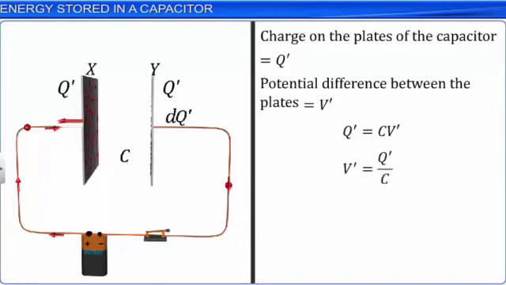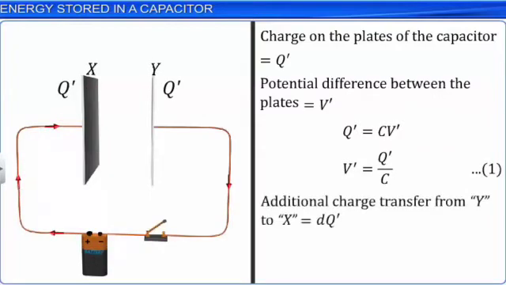Now let us transfer the next additional charge +dQ' to the plate X of the capacitor from the plate Y, and let the work done in the process be dW. From the definition of potential difference, we know that V is equal to dW/dQ. Therefore, dW is equal to V' dQ'. Let this be equation 2.